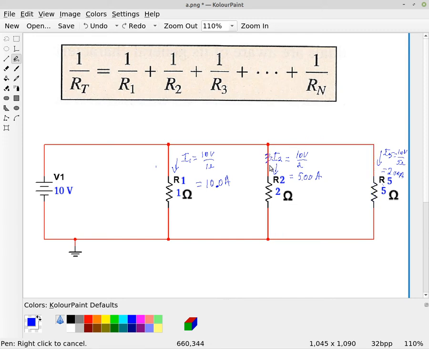The current flowing through here is 5 amperes. So the current flowing in this section right here and in this section here is the 5 amps plus the 2 amps, which means there's 7 amperes of current flowing through these 2 sections of wire.